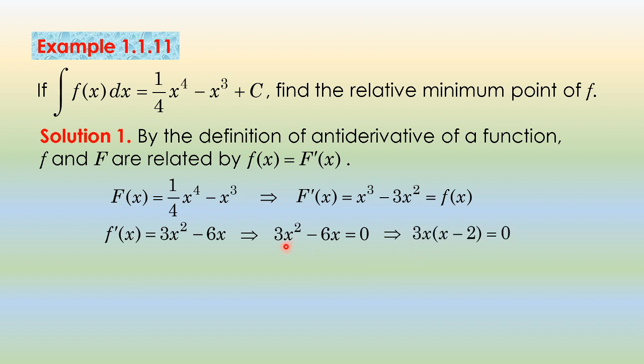We can factor out 3x, giving 3x multiplied to x minus 2. Equating its factors to 0, we have 3x equals 0, or simply x equals 0. The other factor, x minus 2 equals 0, gives us x equals 2. So x is equal to 0 or x equals 2.